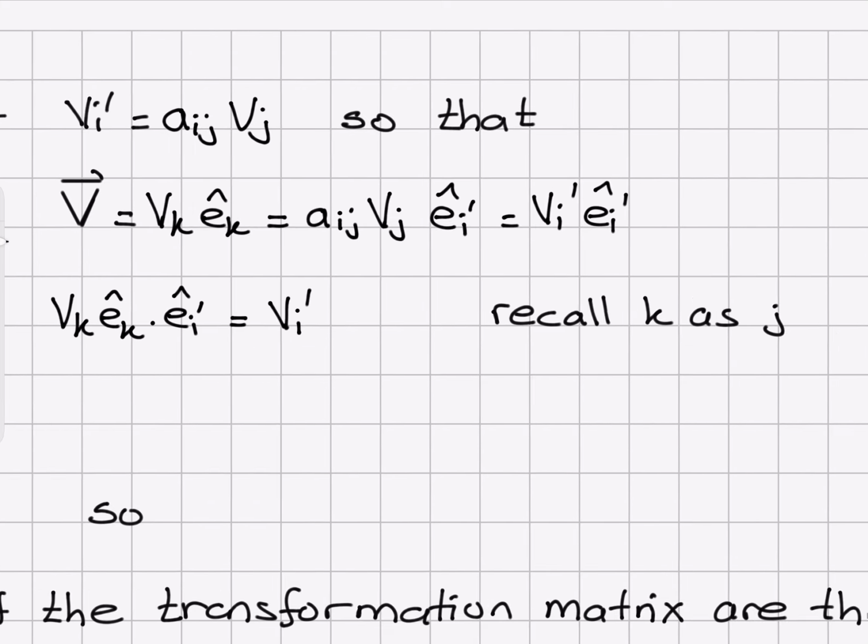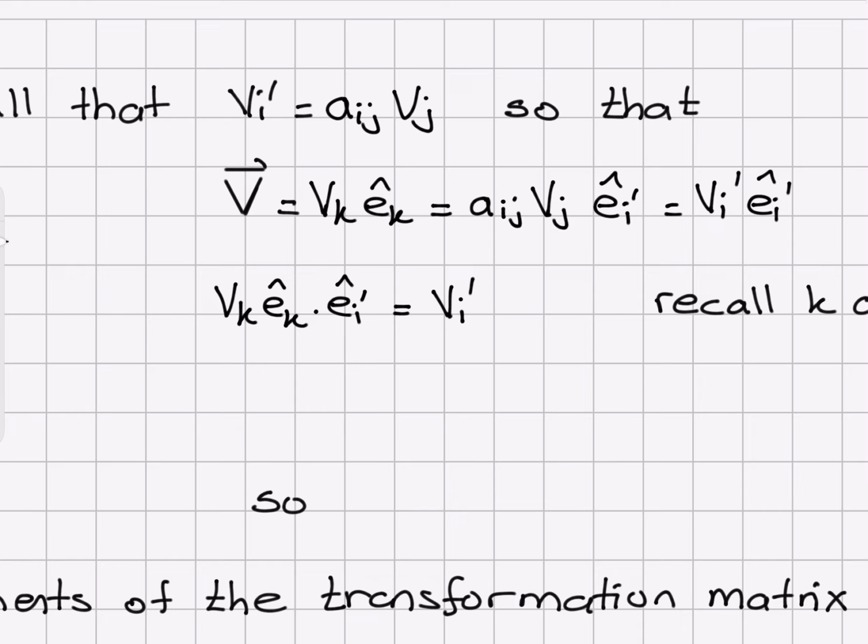And I'm going to recall k as j, so this is going to be e_i prime hat dot product with e_j hat. The order doesn't matter here in the dot product. I called k to be j. It's now v_j, and this is going to be equal to v_i prime, which is A_ij v_j.